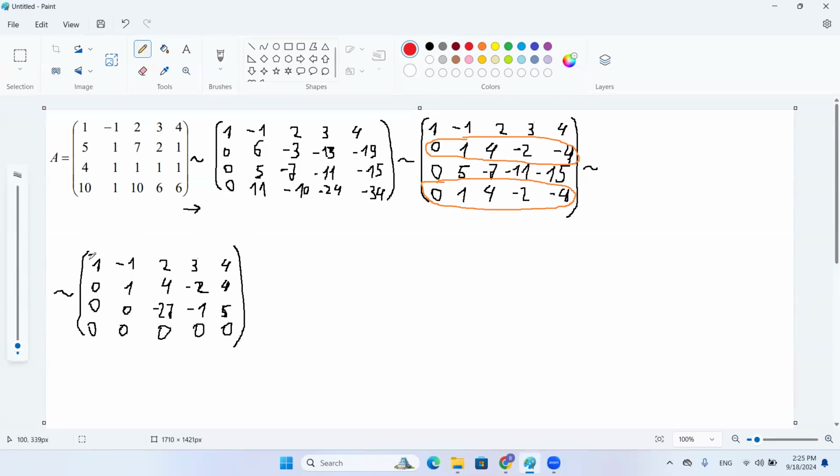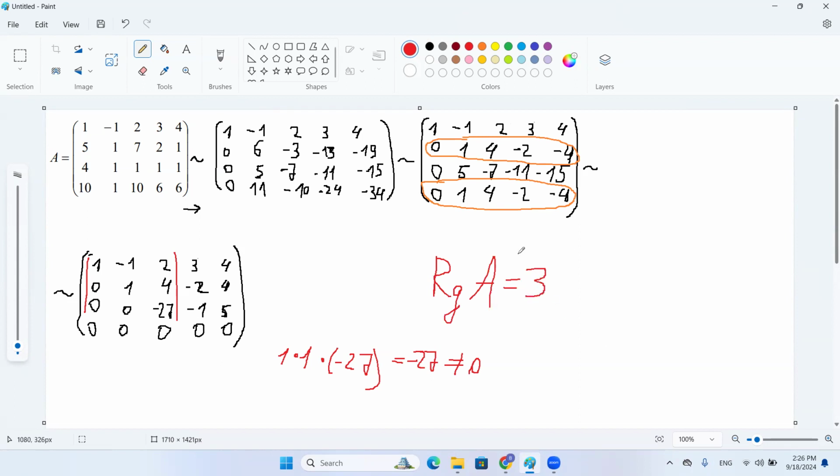The first three columns. How to calculate it? We just multiply the main diagonal, because we have zeros here, and it equals -27 and is not equal to zero. It means that the rank of matrix A equals 3. Any questions about this task?